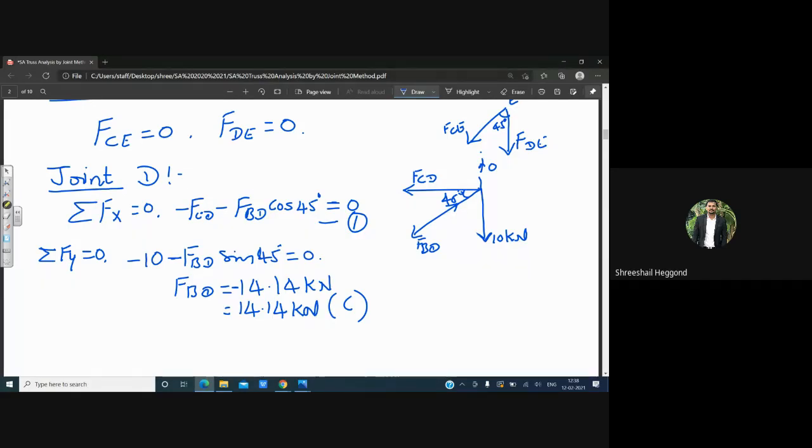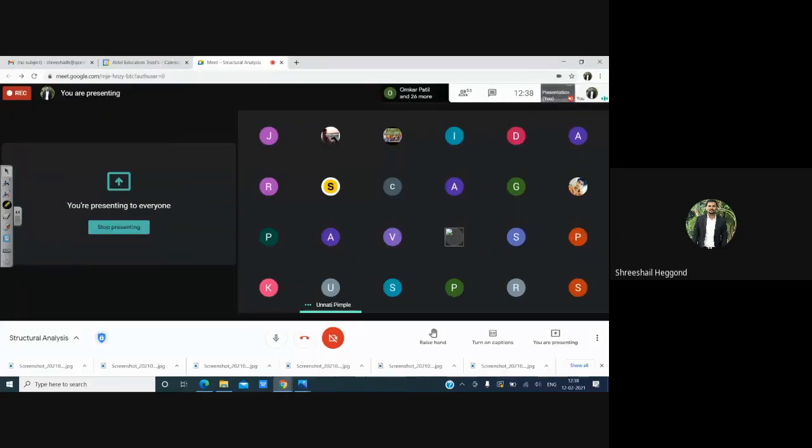Once you find out the FBD value, substitute this value in equation number 1 and find out the FCD value. Sir, FCD is 10 kilonewton.